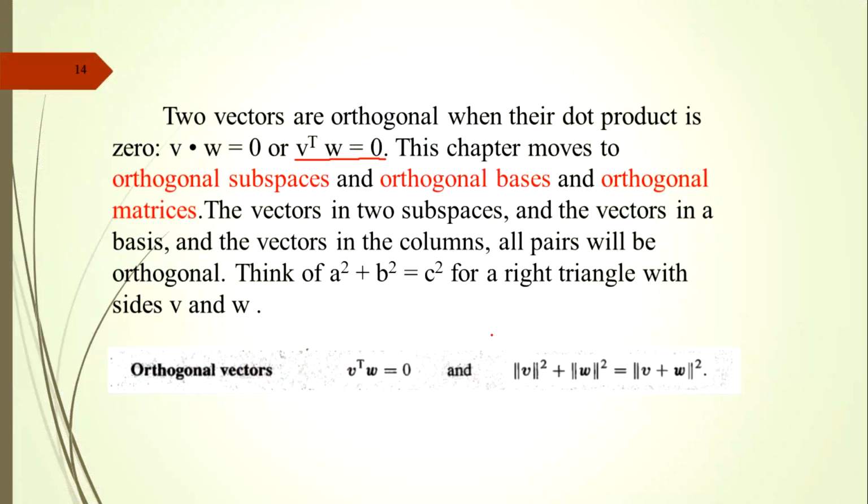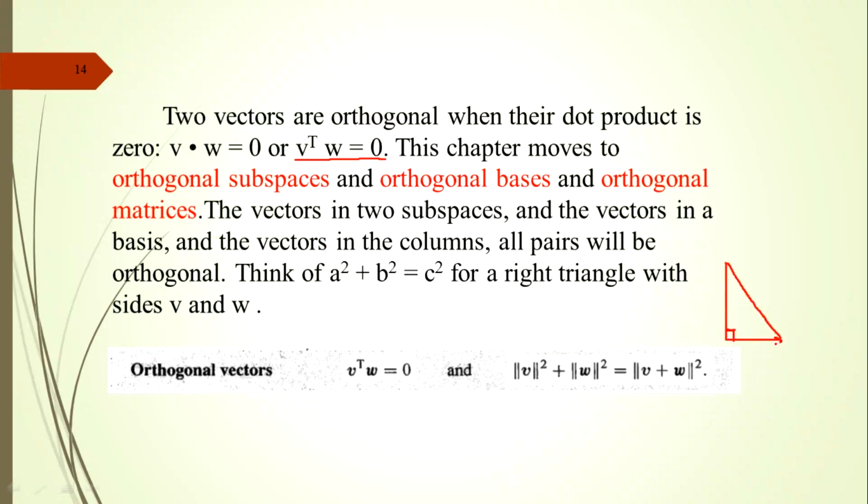So orthogonal subspaces means there are two subspaces. The vectors from those two subspaces, or the vectors in those two bases, or the column vectors in those two matrices, they are orthogonal pairs. So it's like the triangle, the right triangle.